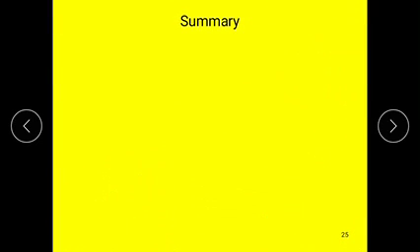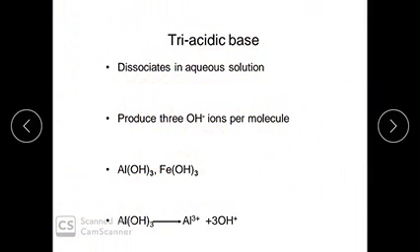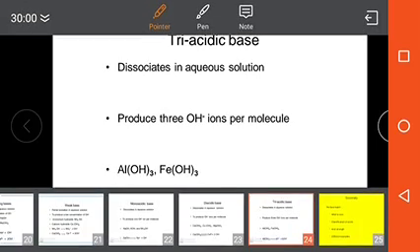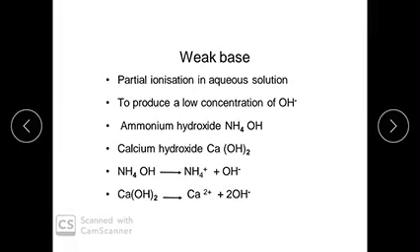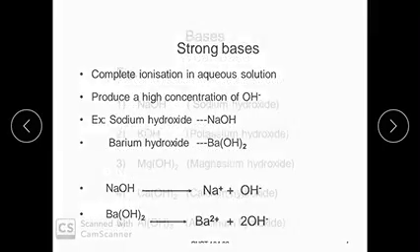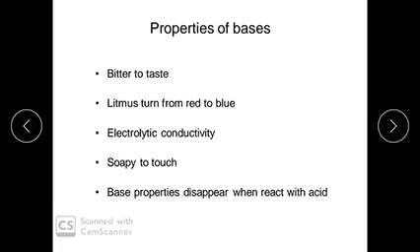In this video we have learned about what a base is, its properties, and its classification. Just now we discussed the properties of bases. Generally they have a bitter taste. They turn red litmus into blue litmus.